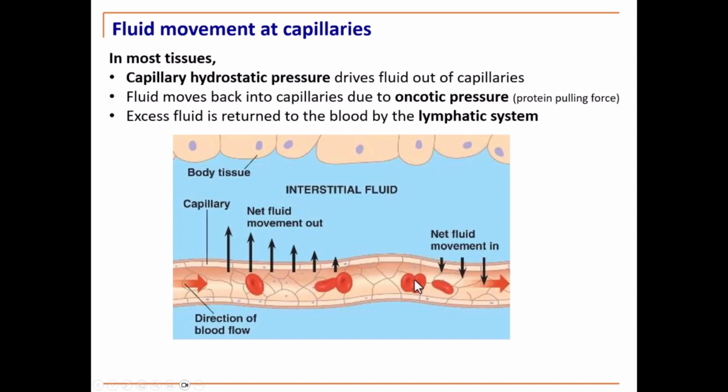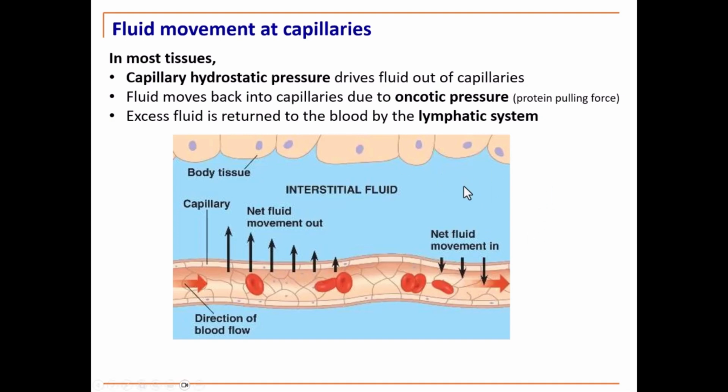And that's how fluid moves back from the interstitial fluid into the blood. It's that protein pulling force. So the protein is basically pulling the fluid from the interstitial fluid, where there's very little protein, into the capillary network at the venous end. Okay, and that's your oncotic pressure.